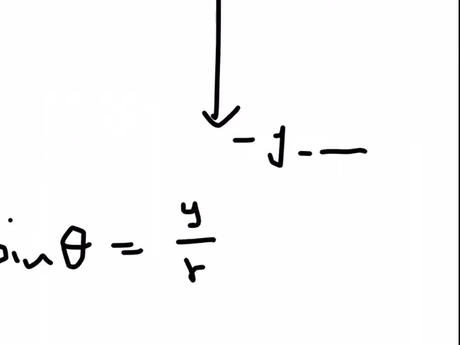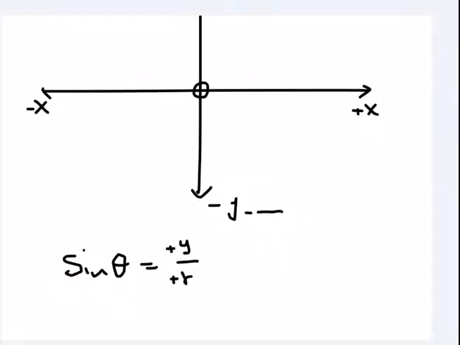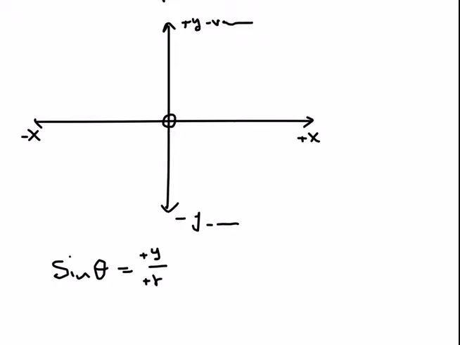We said r is always positive. So the question is, in which quadrant are we having a positive y value? Definitely, it will be in the first and also in the second.